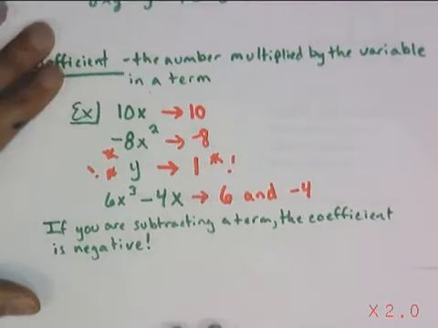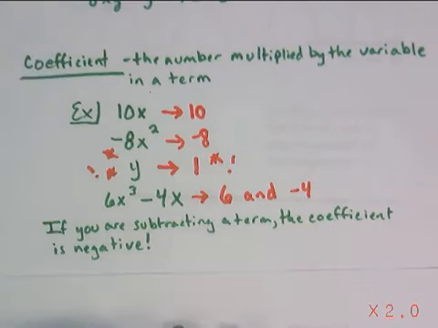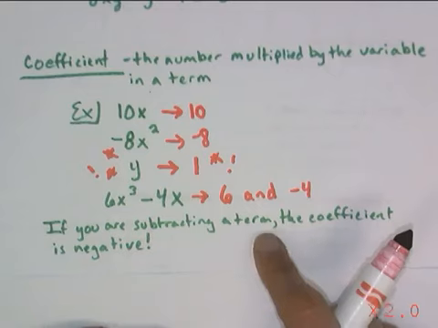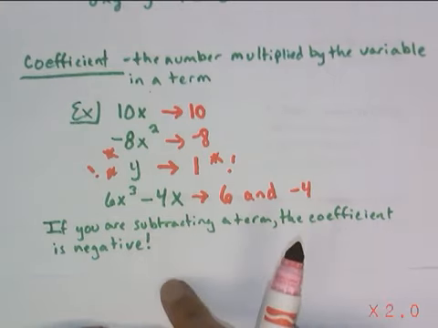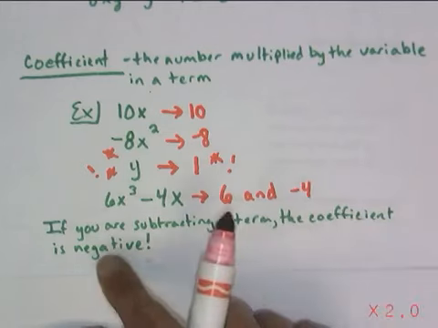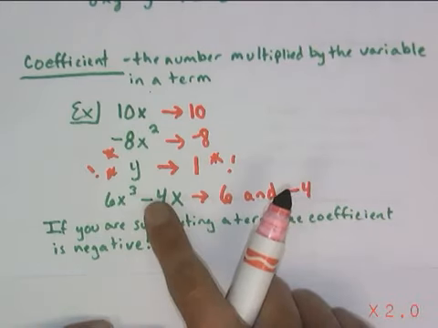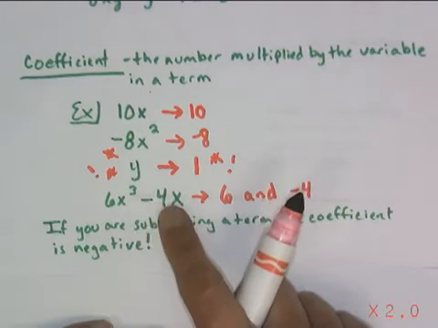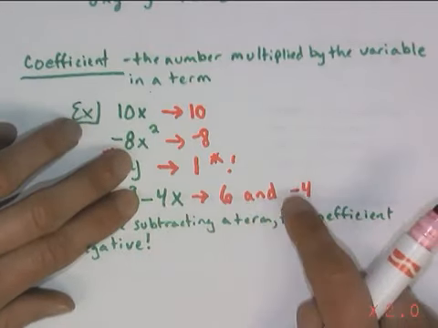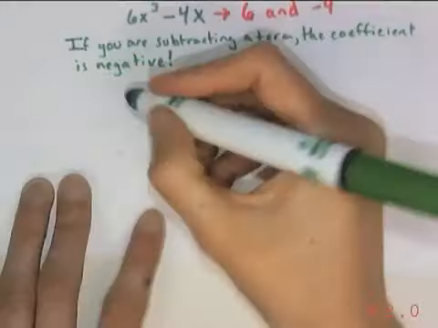And if you need to pause to copy down this sentence, please do. If you are subtracting a term, the coefficient is negative. Okay? So if you are subtracting a term, the coefficient is negative. So on this example, we subtracted 4x, which is why we said the coefficient of x was a negative 4.